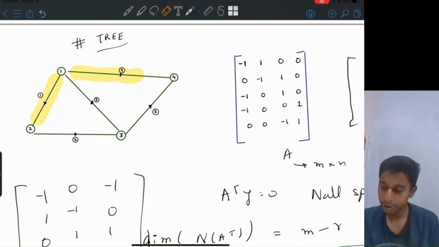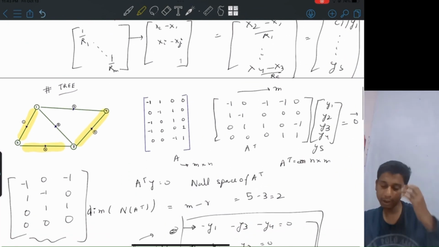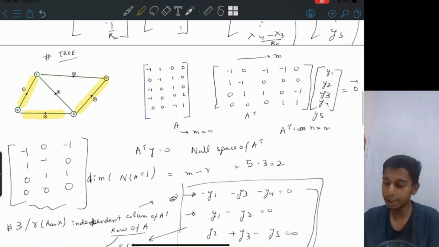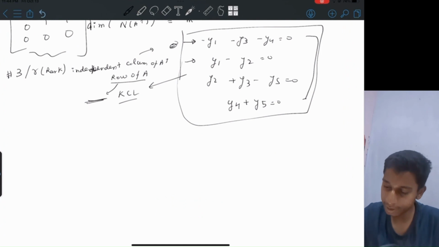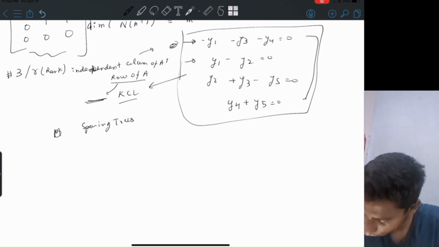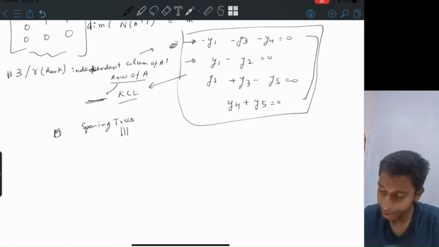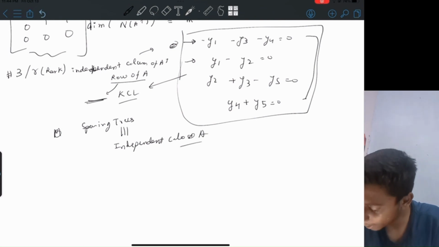Or suppose instead of the fourth I had taken the fifth, this also forms a tree. Each combination of linearly independent columns forms a unique tree. And this is how the spanning trees of a graph are directly related to the independent columns of matrix A.